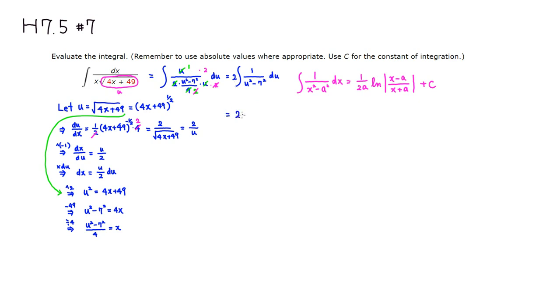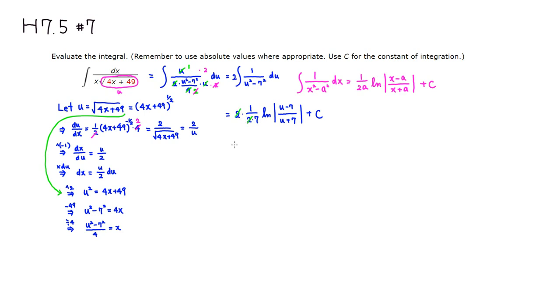The 2 was already there. It's going to be 1 over 2a, where a in this case is 7, times the natural log of the absolute value of u minus 7 over u plus 7, plus some constant c. Then we can clean up a little bit: the 2 on top and the 2 on the bottom cancel out.